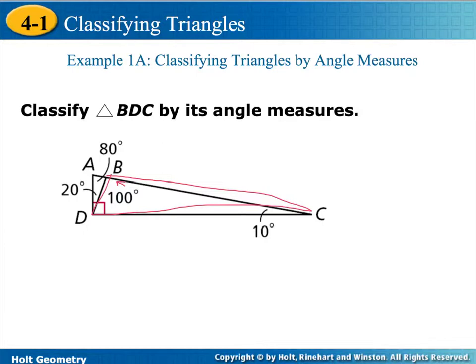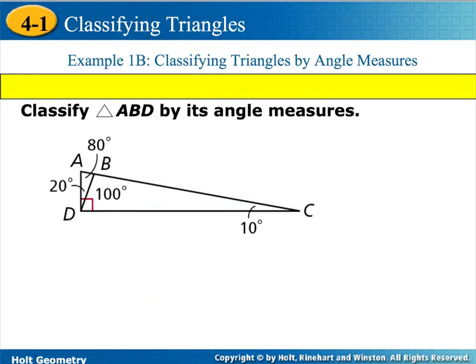So now we have 100, we have 10, and that's all I need to know. Why? Because this angle is the one that gives it away. It is an obtuse angle, which means we have an obtuse triangle. Because we know one angle is obtuse, that's all we need to know. If we know one angle is obtuse, that means the entire triangle is an obtuse triangle.